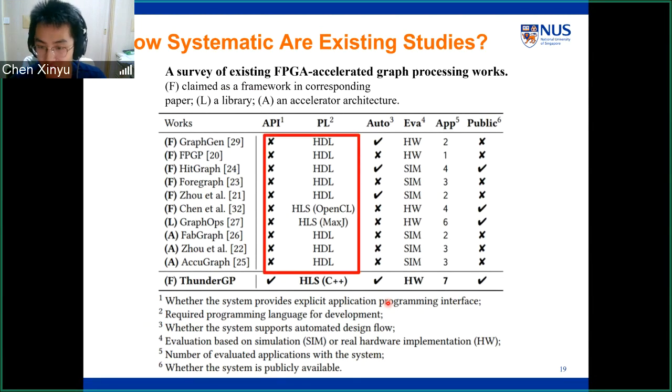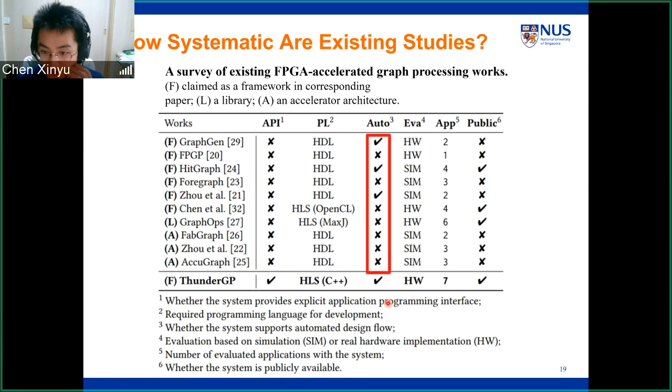Firstly, we can find that none of them use APIs, and most of them use a hardware description language, which is not friendly for software developers, right? And very few of them use automation. That means developers still need to tune the pipeline and their design.